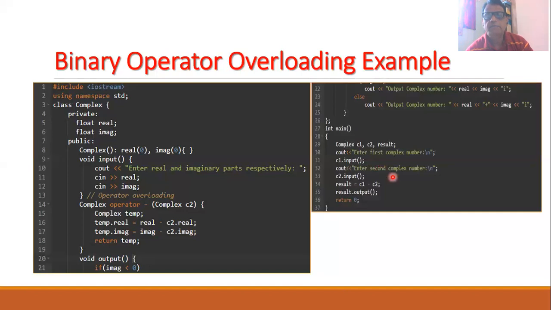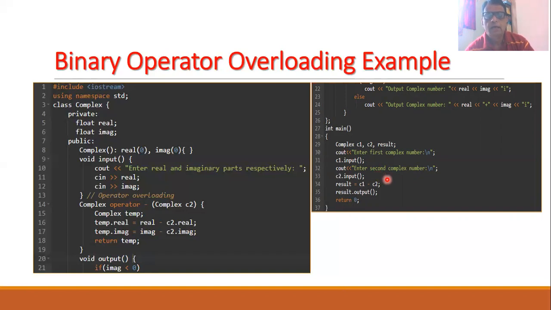Then we will display a message to enter the second complex number, and then we read the user input to the object variable c2 by using the function c2.input.